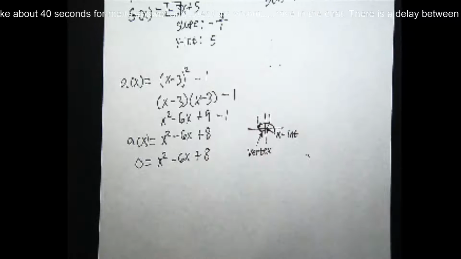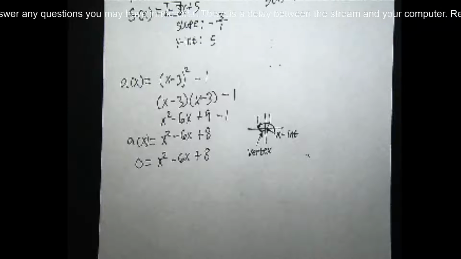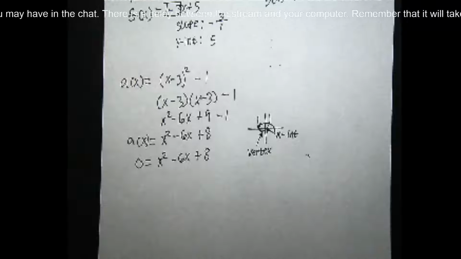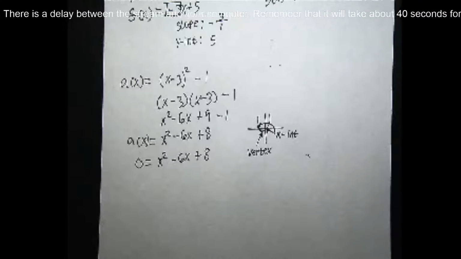Well, this better look pretty familiar. We've been doing this for the past few weeks. If we have a quadratic equal to 0, we can factor and then solve using our zero product principle.